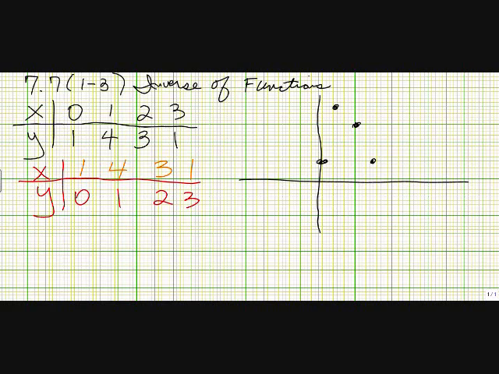The inverse relationship is going to be 1, 0, 4, 1, 3, 2, and 1, 3. Okay, so there's a relationship and its inverse on the same graph.